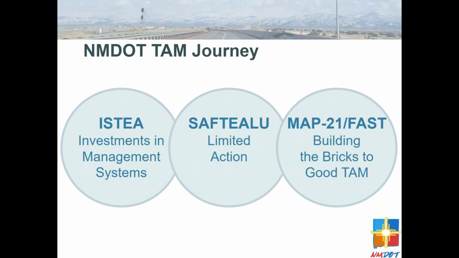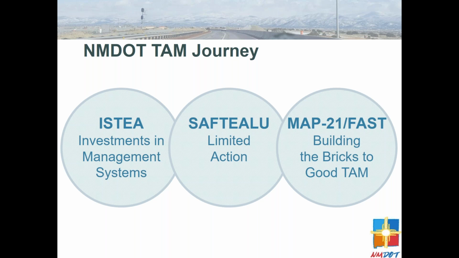Then when we moved into SAFETEA-LU, that was passed in 2005, I think a lot of focus was changing with more emphasis on safety, and at least in New Mexico, we had very limited action on what we were doing with our management systems during that part of time.